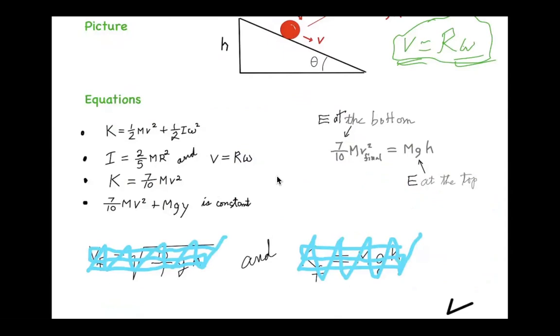Kinetic energy is a half mv squared plus a half I omega squared. Now what's I? I is the moment of inertia. The moment of inertia of a solid sphere is 2 divided by 5 mr squared. There's a table in the chapter which gives moment of inertia for various kinds of circular objects. And of course, speed is r omega, this equation.